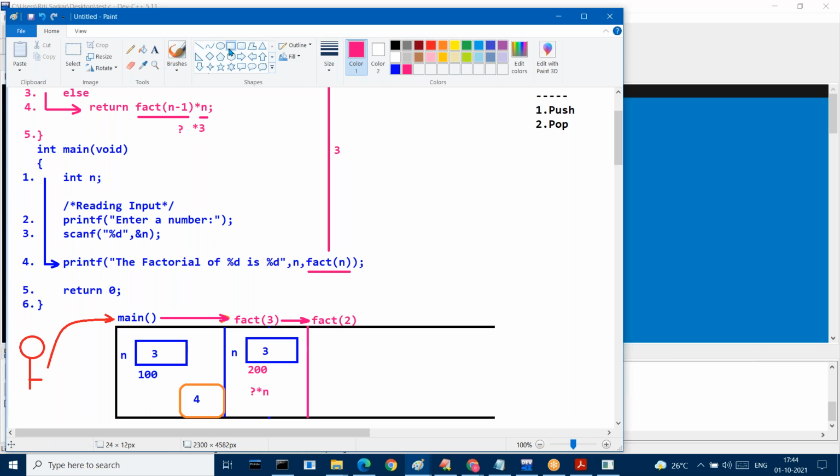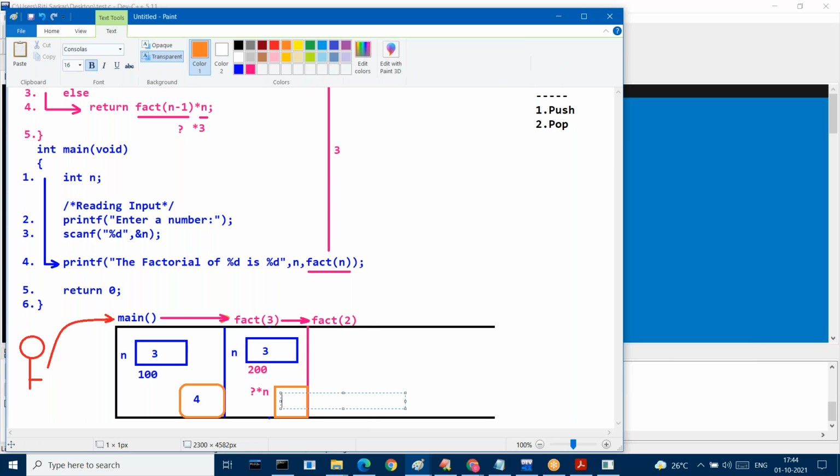So the instruction pointer for the fact 3 function will say that when control comes back to me, I will start execution from line number 4. Currently, I am unable to do that.